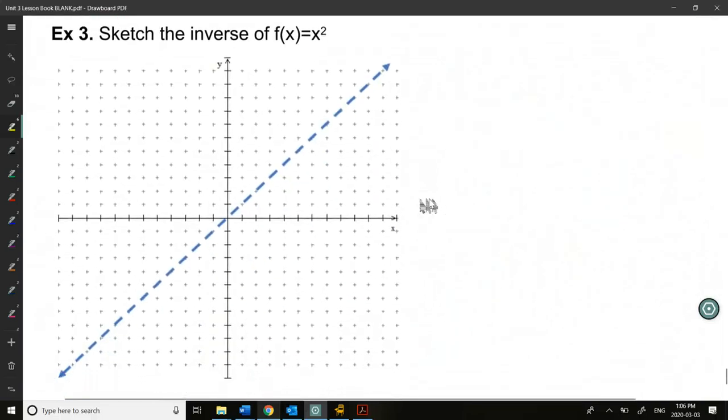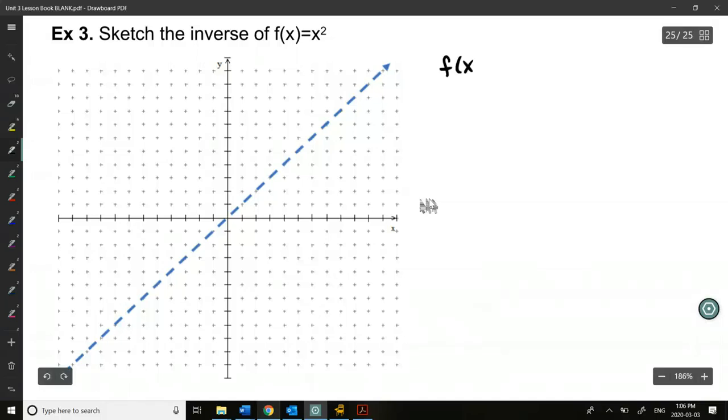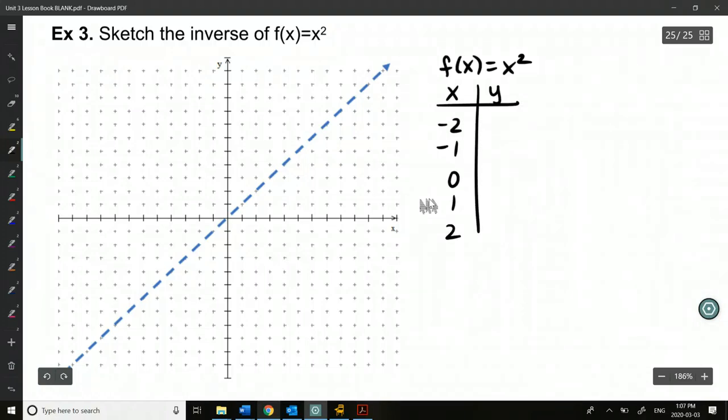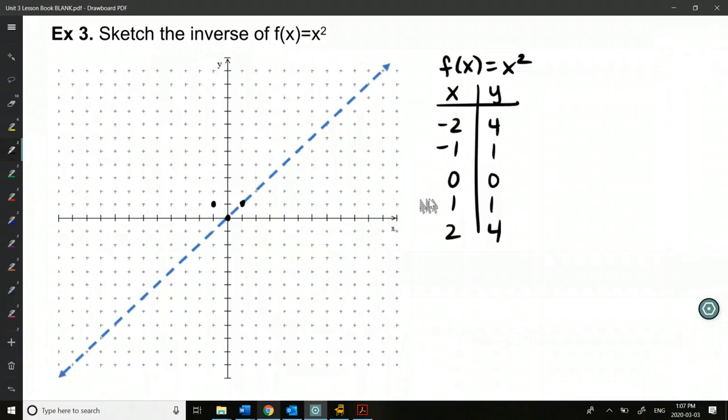We're going to sketch the inverse of x squared. So this is actually one of our parent functions, so we can just use the key points of our parent function. Okay, so we're going to plot them here, just so you guys can see visibly what's happening.